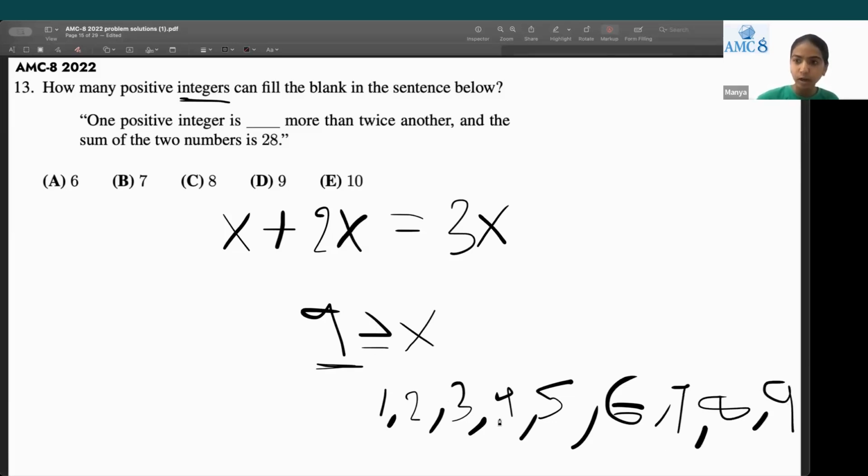Once again, this cannot be 0 because it says that it has to be positive integers, and 0 is neither a positive nor a negative number. And so there's 1, 2, 3, 4, 5, 6, 7, 8, 9. 9 numbers. So that's how we got answer choice D. Does anyone have any questions on this problem?